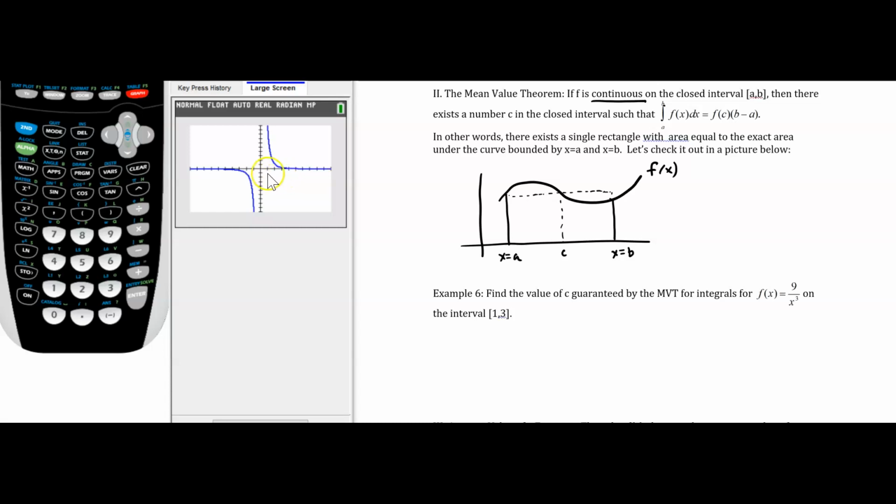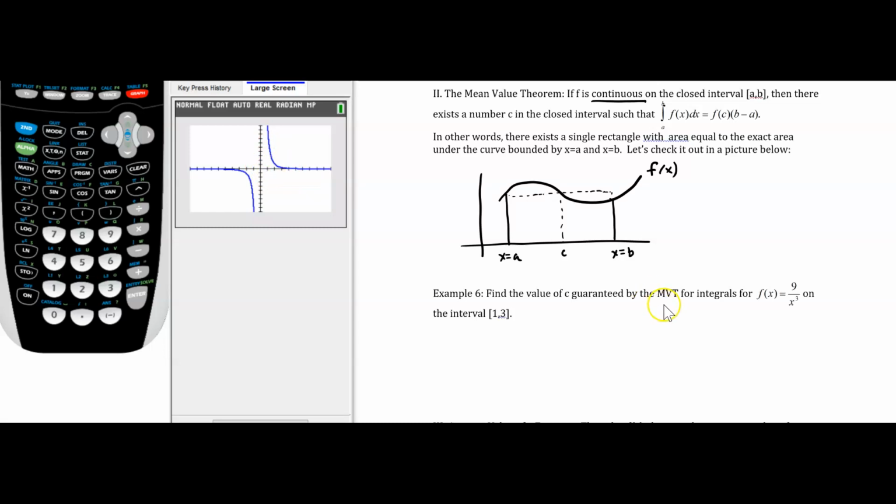And so we're looking at this region in here, and what we're basically saying is there is a single place somewhere in that interval where we're going to be able to draw a rectangle, and that rectangle is going to have the exact same area as the total net area bounded by the function and the x-axis from 1 to 3. But we can just use the theorem.